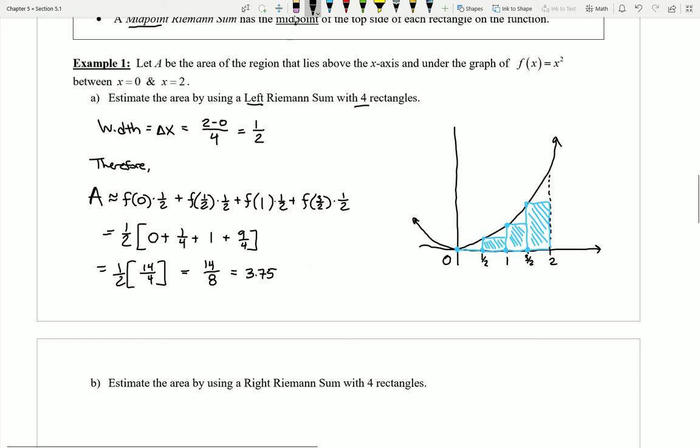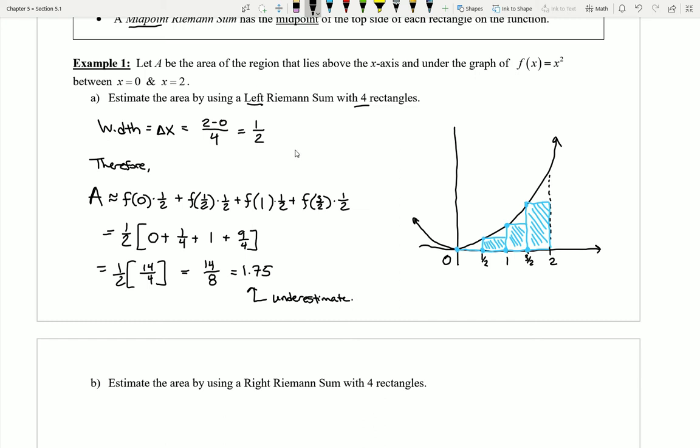Oh, sorry, not 3.75. There's no way that that's right. That would be a value of 1.75, excuse me. So I can clearly see here that this is going to be an underestimate. And so I'll even mark that here. This here is an underestimate.